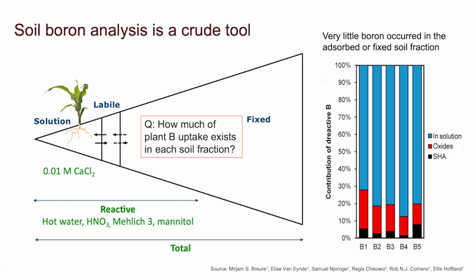This is quite unique for any element, that very heavy dependence on the soil solution phase. Very little boron is fixed. This helps explain why irrigation and rainfall have such a profound effect. Irrigation and rainfall dilute and leach boron through that solution phase.